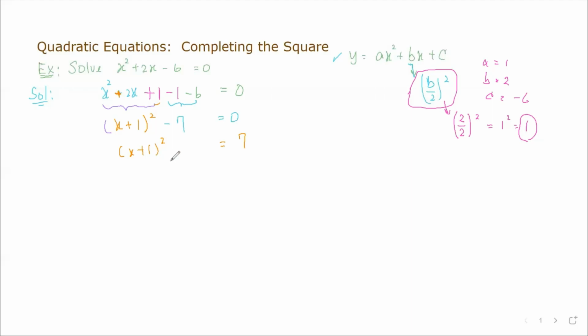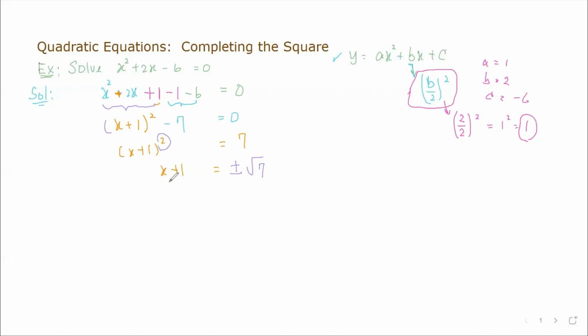Remember the pattern we did last time, taking the square root. So you take the square root of x plus 1 to the power 2, and you get x plus 1 equals, don't forget, with an even index you must have plus or minus, and then the square root of 7.